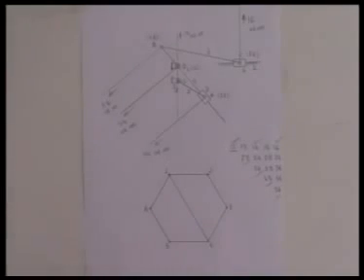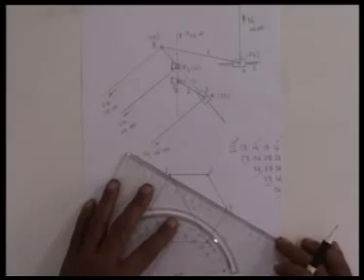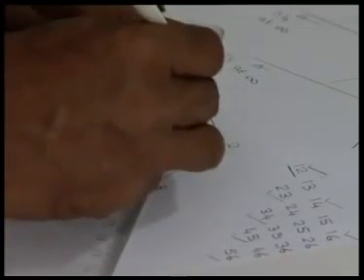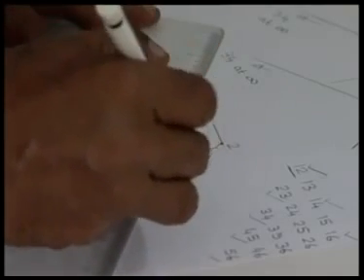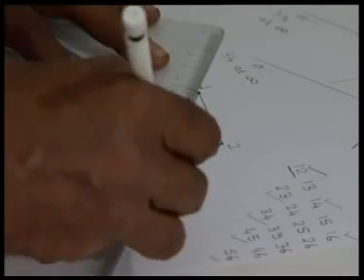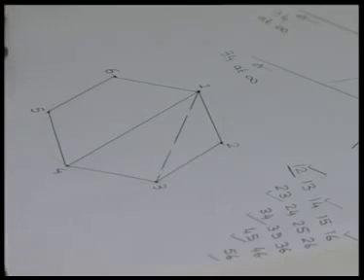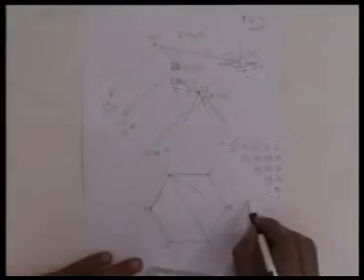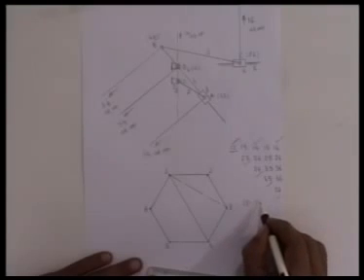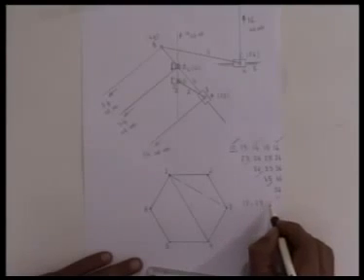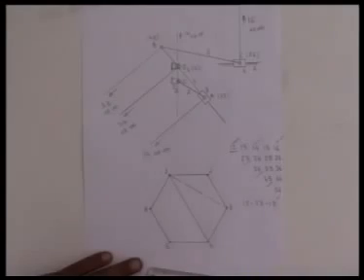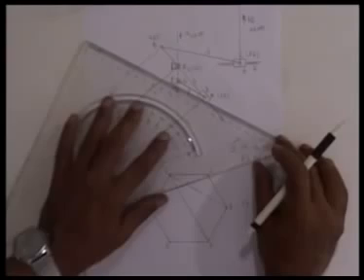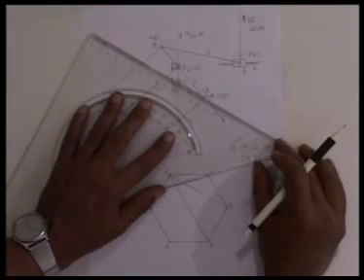For example, I can determine this diagonal 1 3 as follows. We consider that 1 2, 2 3, and 1 3 are collinear. We have already drawn 1 2 and 2 3. So 1 3 must be lying on this line.